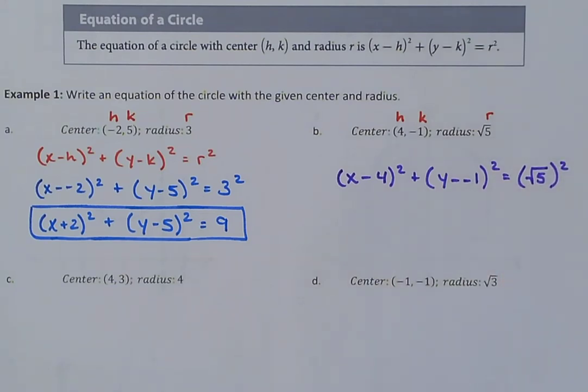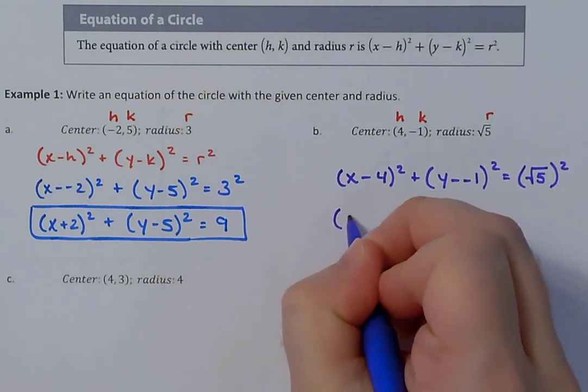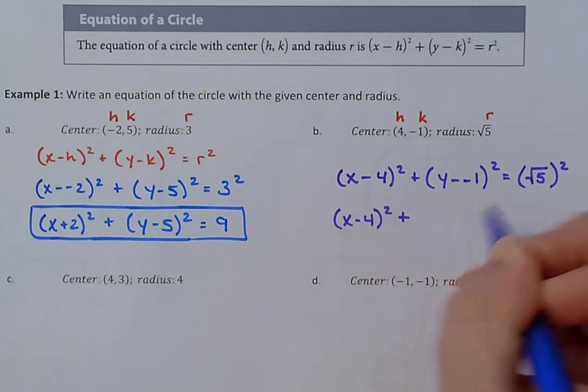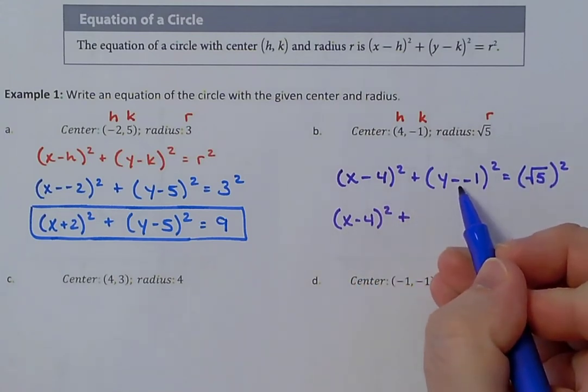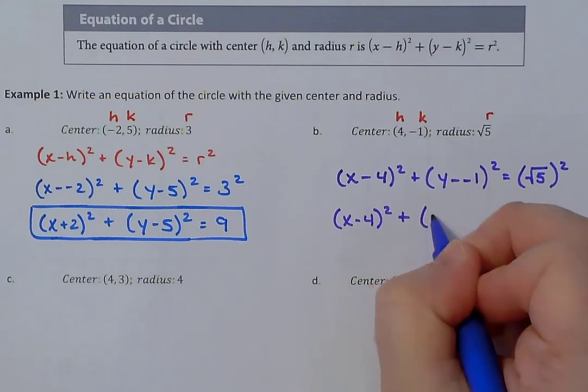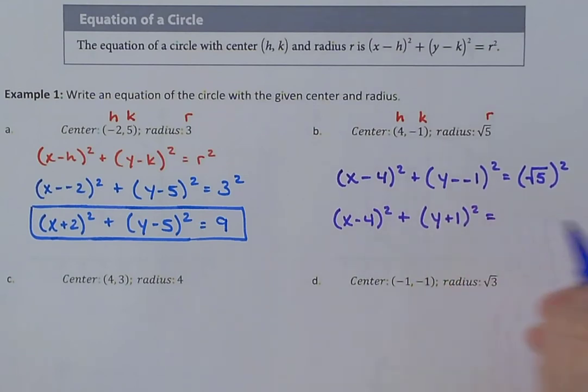So I now have x minus 4 squared plus y minus a negative 1 squared equals the square root of 5 squared. So going through and simplifying the different parts, x minus 4 squared stays the same, plus minus a negative for the y minus a negative 1. Minus negative becomes positive, so it's y plus 1 squared equals the square root of 5 squared.